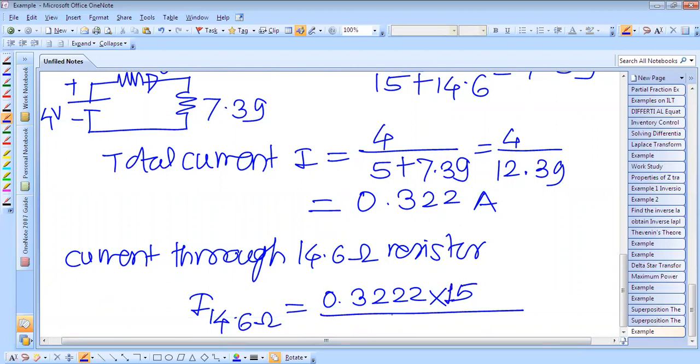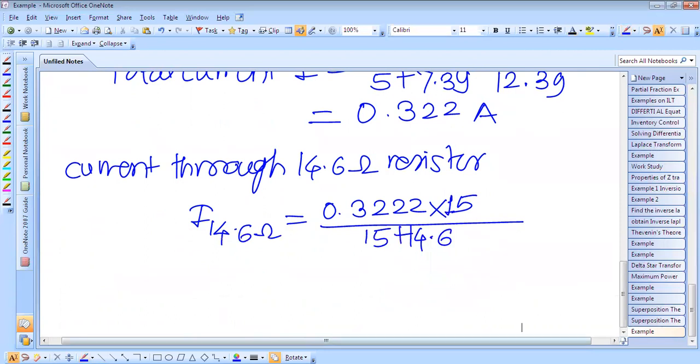So 15 divided by 15 plus 14.6. Now we have to find this value.